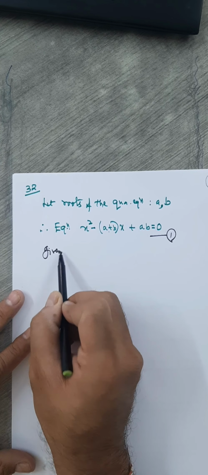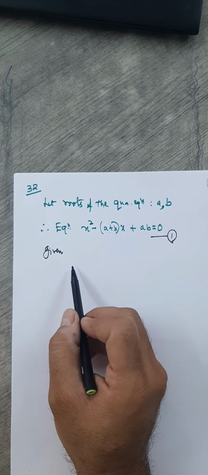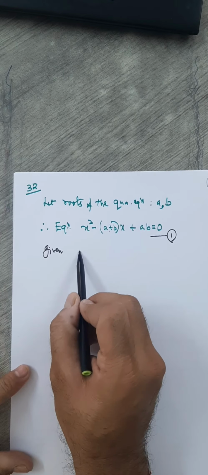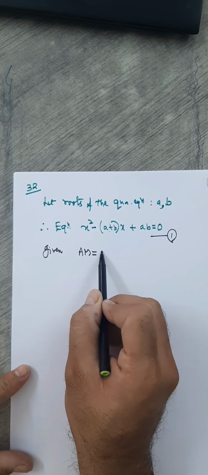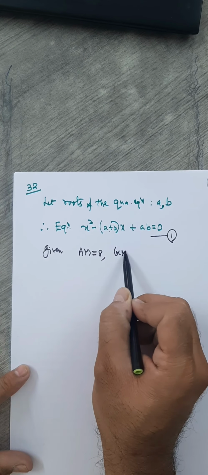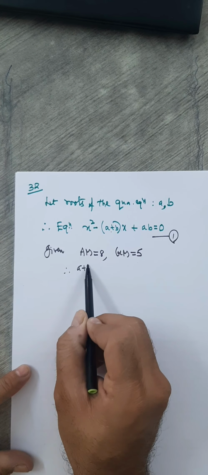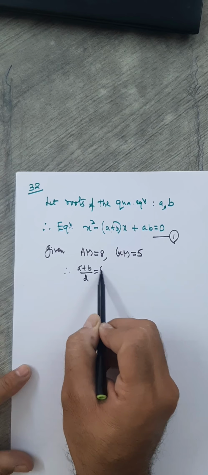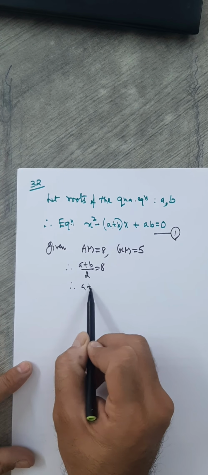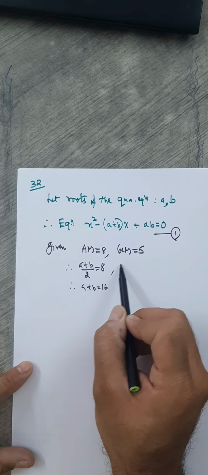Now what is given? You are given that AM equals 8 and GM equals 5. AM means A plus B by 2 of the roots equals 8, and therefore A plus B equals 16.